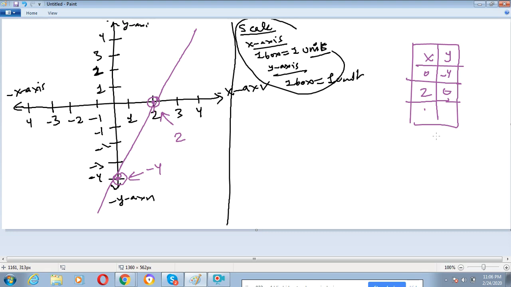Okay, now D part. The point (-3, y) lies on the graph of this function. Find the value of y.